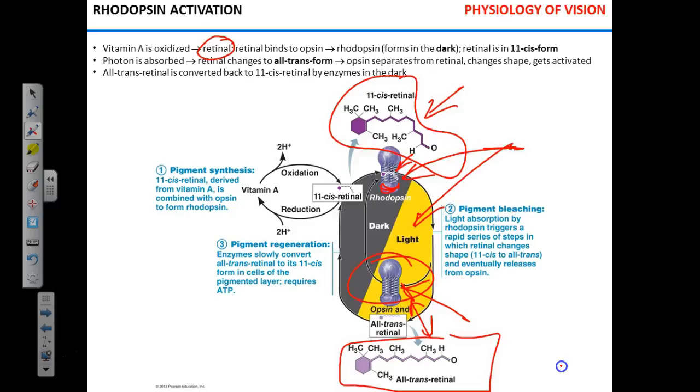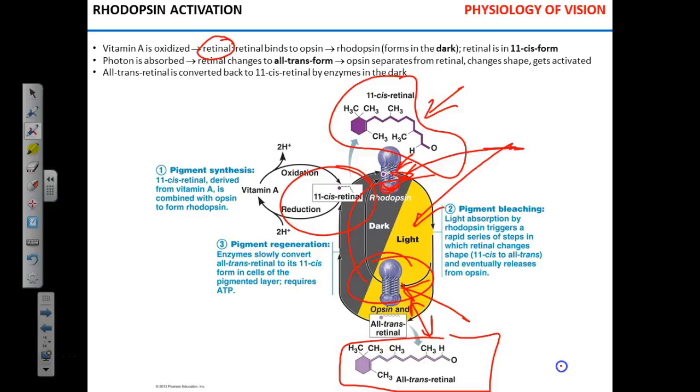Opsin translocates, goes away from the membrane, into the cell, where it binds 11-cis retinol again and returns back into the membrane. But this process of return can happen only in the darkness. Does that make sense?